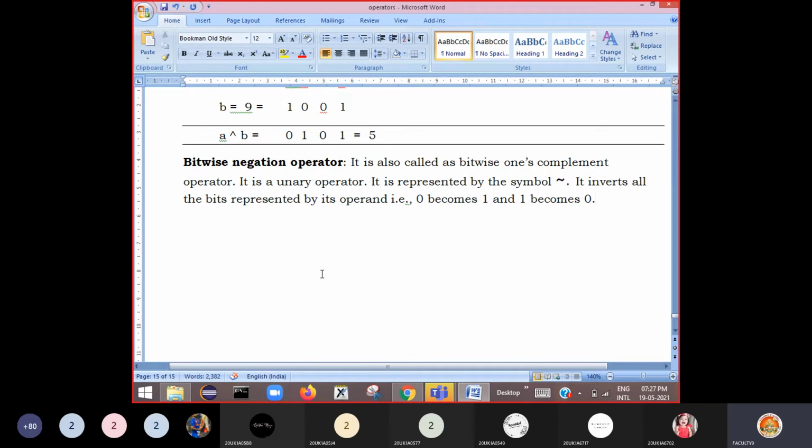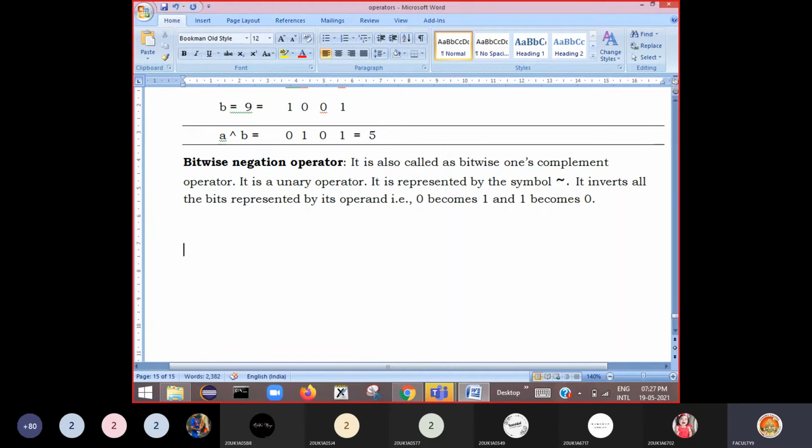It converts all zeros to 1 and all ones to 0. In our language, it is a flip-flop operator. That's why it is called ones complement. Ones complement means inverting all the bits.